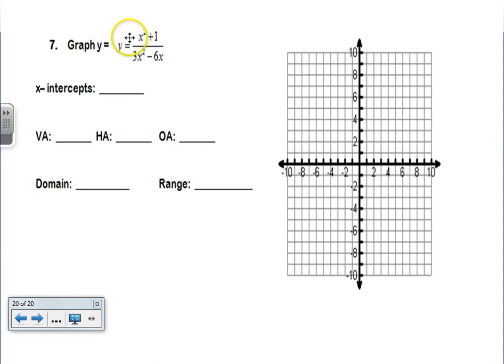Okay, number 7. If I tried to set my numerator equal to 0, I'd get i's, so there is no x-intercept. If I set my denominator equal to 0, I would probably take out a 3x first and get x minus 2. And if I set both of those equal to 0, I get x equals 0 and x equals 2.